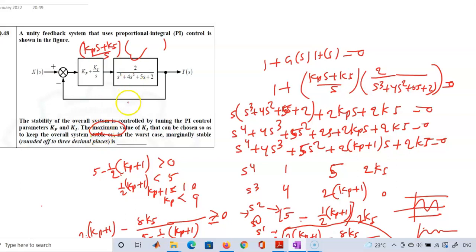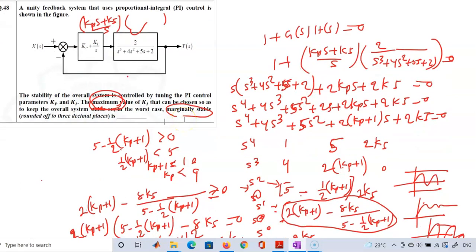The keywords to highlight are maximum and worst case marginally stable. In the worst case you can take it equal to 0, that is, in the first column you can safely assume that one element is missing, which means poles on the j omega axis. With maximum or minimum, you will find the differentiation of that value involving the other function.